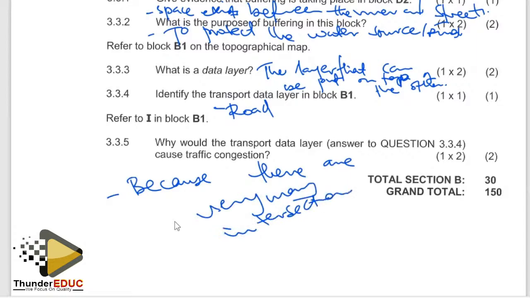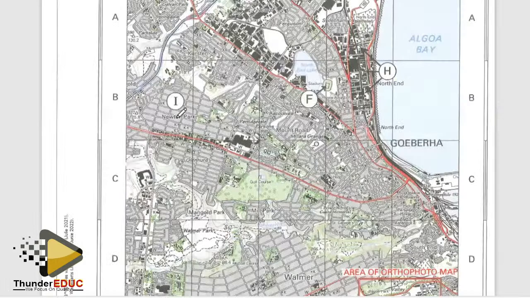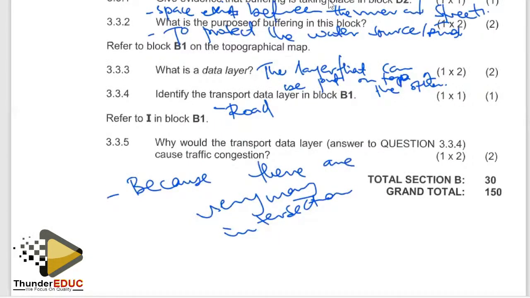If you look at that layer, there are very many intersections. Here at I, there are very many intersections. Roads intersecting each other that can cause accidents, most especially during road shading.